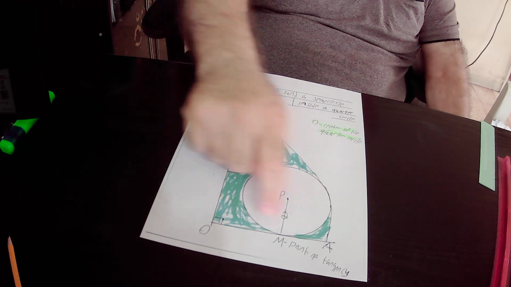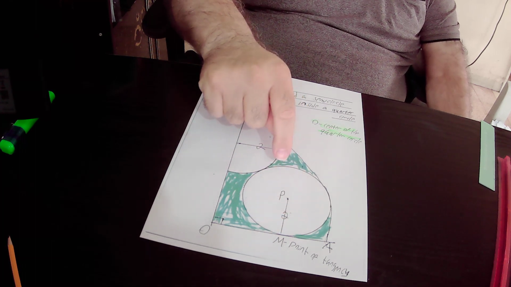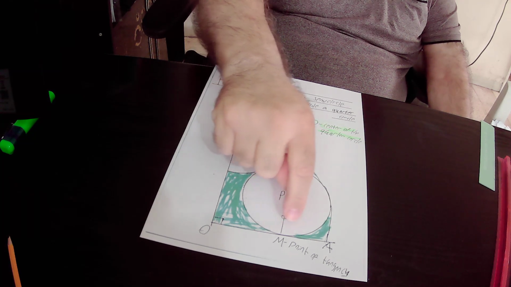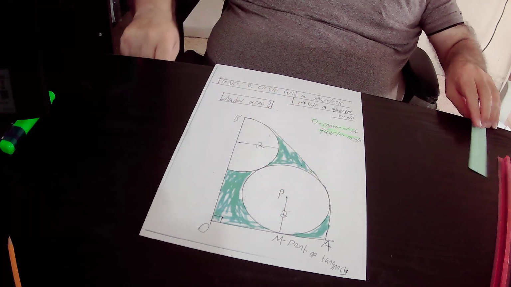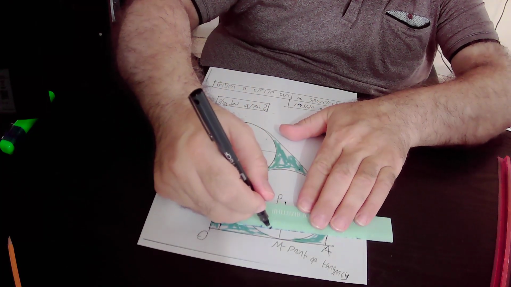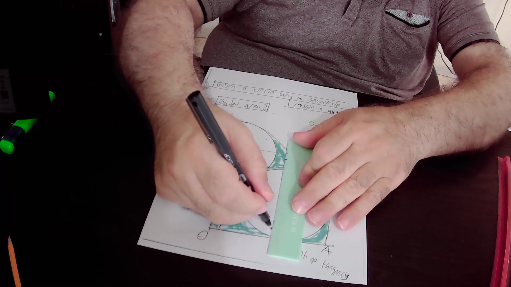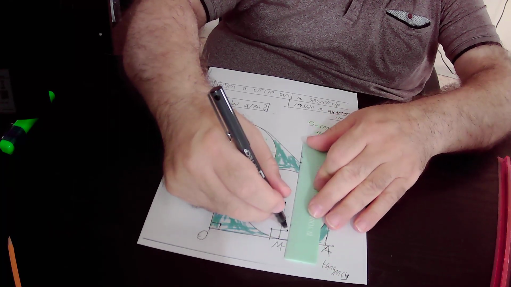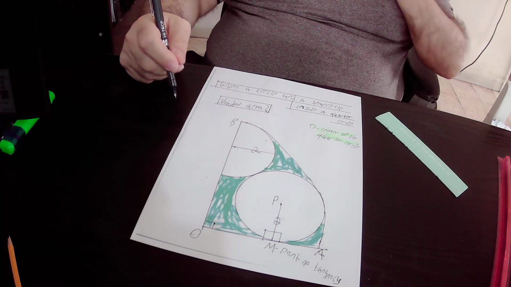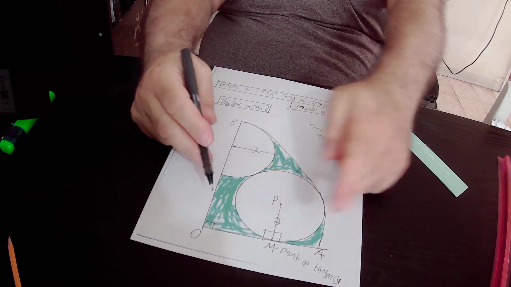So if OA is perpendicular to MP, it means that this angle equals 90 degrees, and this angle also equals 90 degrees. So those two angles are both right angles, equal to 90 degrees, according to rule number 1.